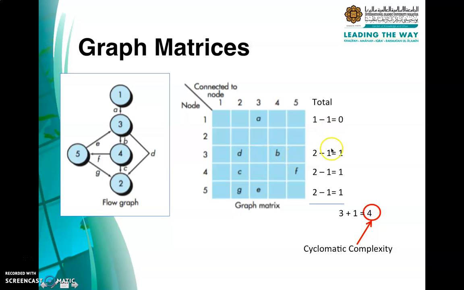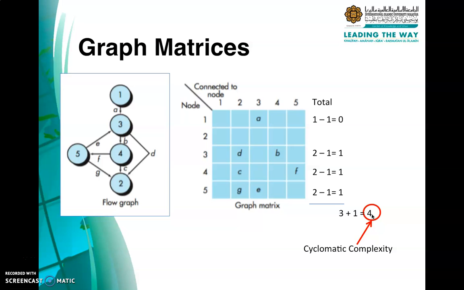In the end, you total it up. You minus 1 for each row's total connections, so 1 minus 1 is 0. Then 1 plus 1 plus 1, the total is 3. So 3 plus 1 is 4. So 4 is the cyclomatic complexity value of this flow graph.